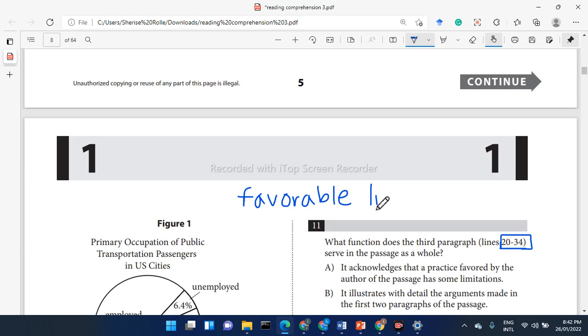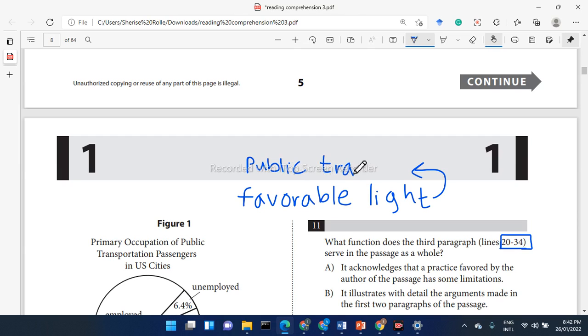Public transport. Benefits of public transportation, right? That's the big picture. So he's basically trying to show us in the passage that, hey, public transportation is pretty good. That's what he's trying to do, right? Or he or she, whoever the author is. He's trying to show us the benefits of public transportation.